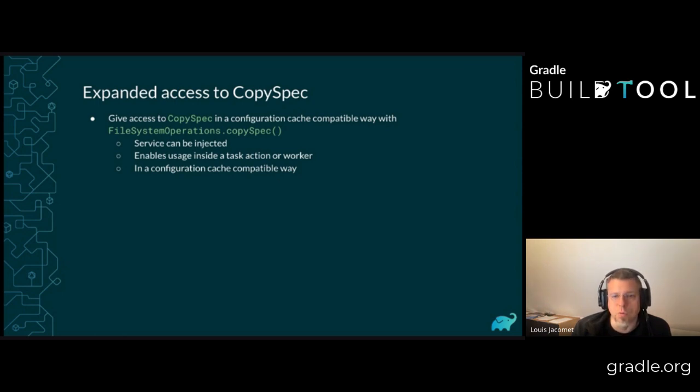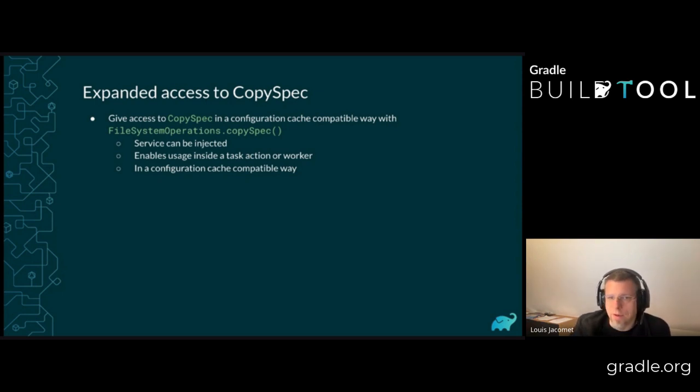So what we did was offer an API on the file system operations, which is a service that you can inject in your custom task type or your workers, on which you can get a CopySpec. That means you can configure that CopySpec and use it for any kind of file processing, like copying things around with excludes rules and stuff like that. Mostly this is worker-oriented or configuration cache compatible for task execution.